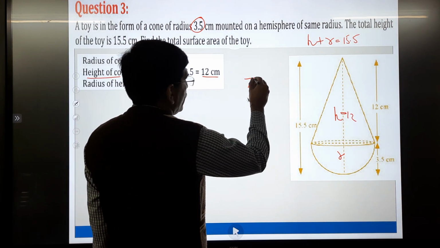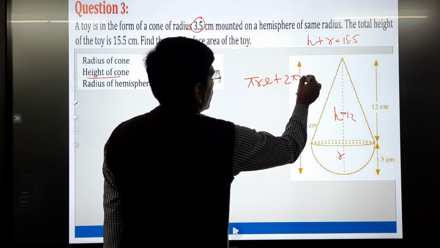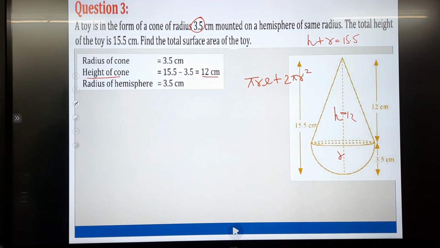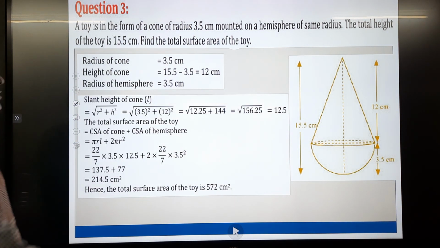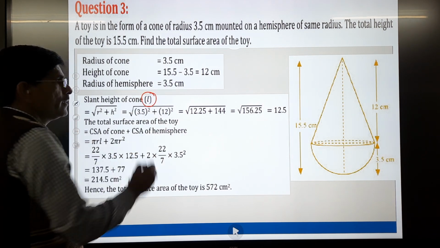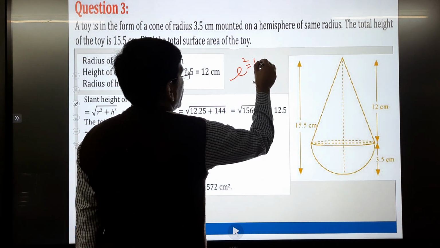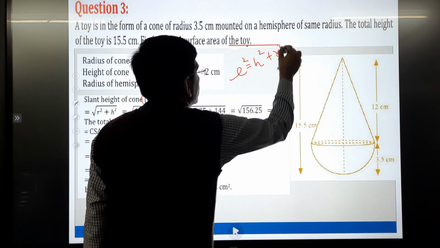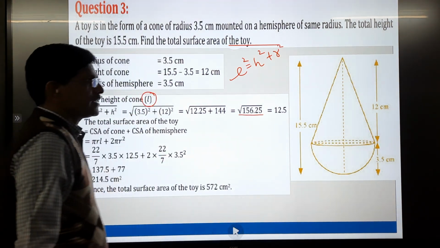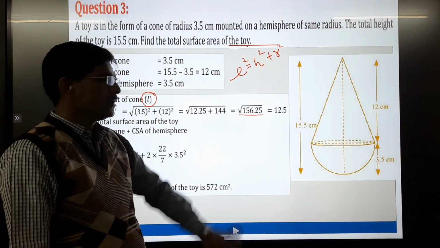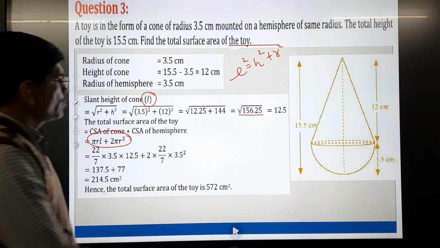That is pi RL plus 2 pi R square. First of all, how to find L, as already discussed: L square is equal to H square plus R square. So we get 156.25, that is L equal to 12.5.